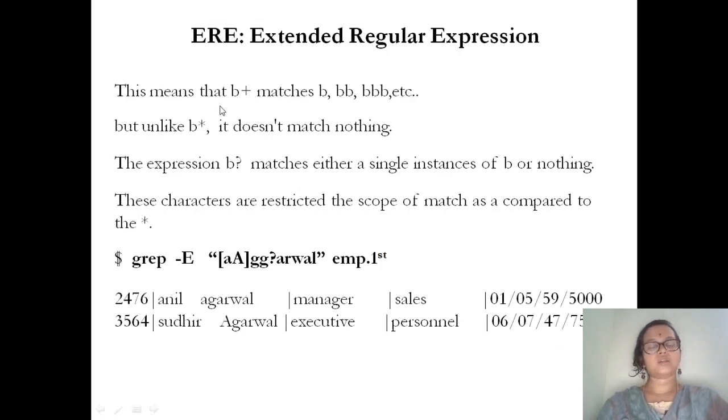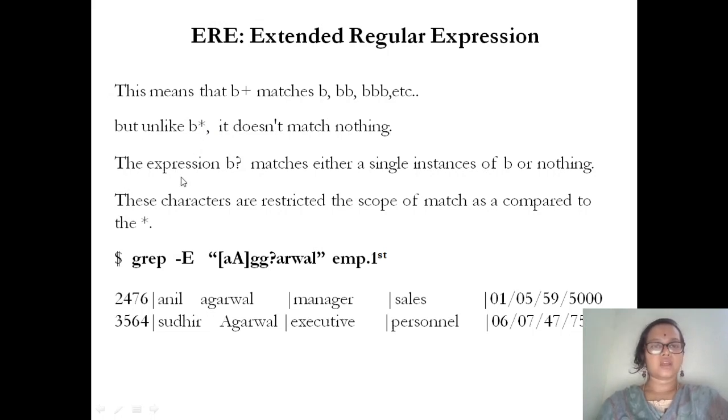This means that, for example, B plus matches B, BB, BBB, and so on. Unlike B star, it does not match nothing. So plus means it can be any number of B's, but not the nothing part which used to be selected by B asterisk.